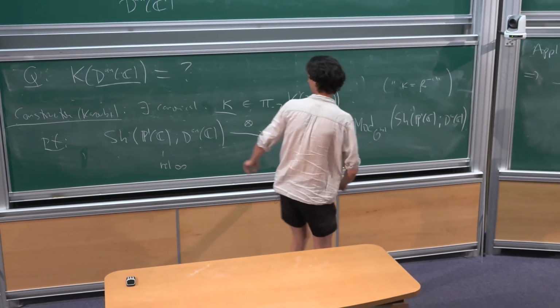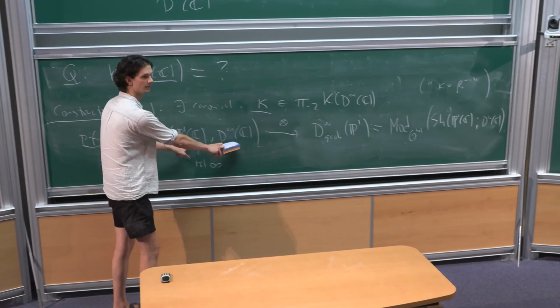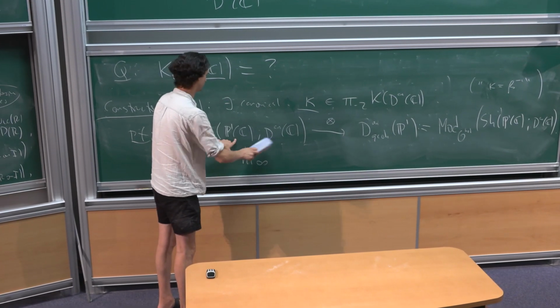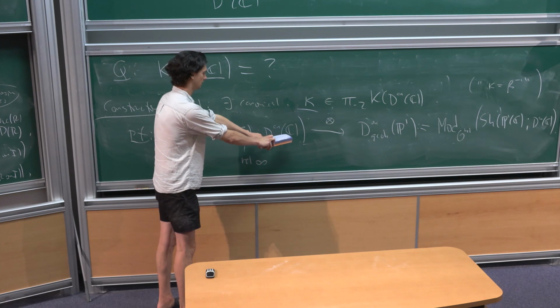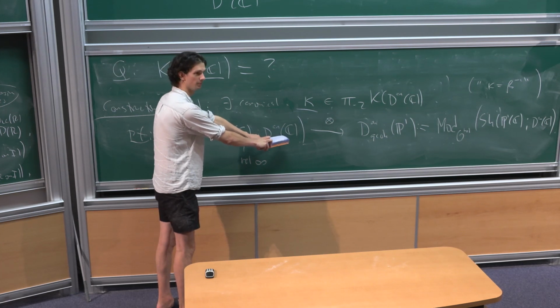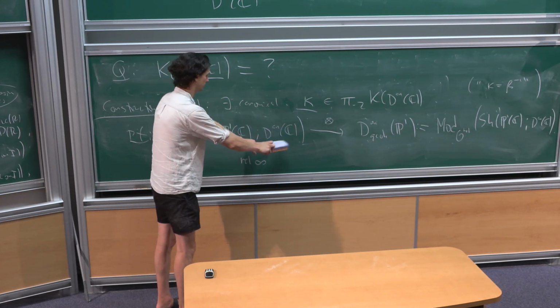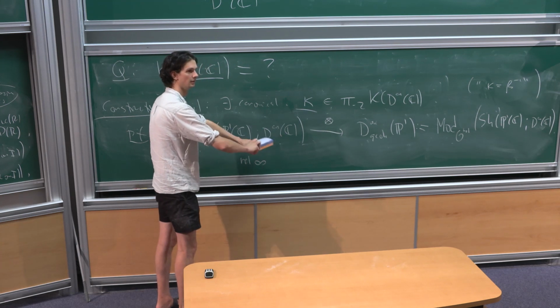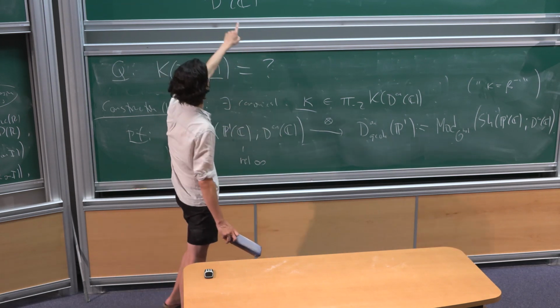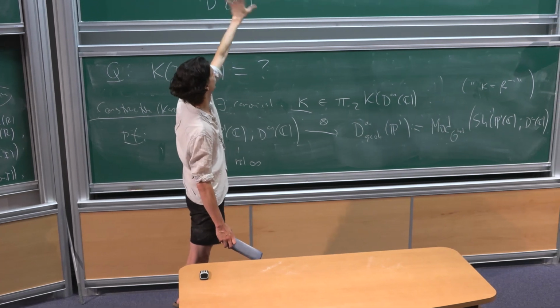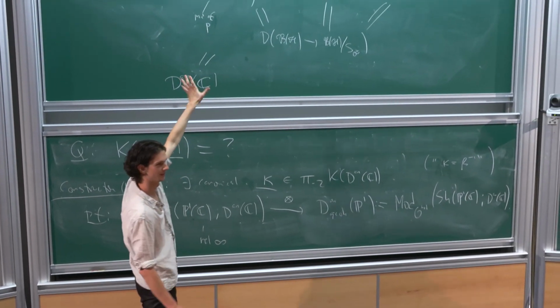Oh, so inside this category, there's a sheaf of rings, which assigns to an open subset the ring of holomorphic functions on that open subset, which can naturally be viewed as an object here. D(C) is this full subcategory of whatever, this functional analytic nonsense.